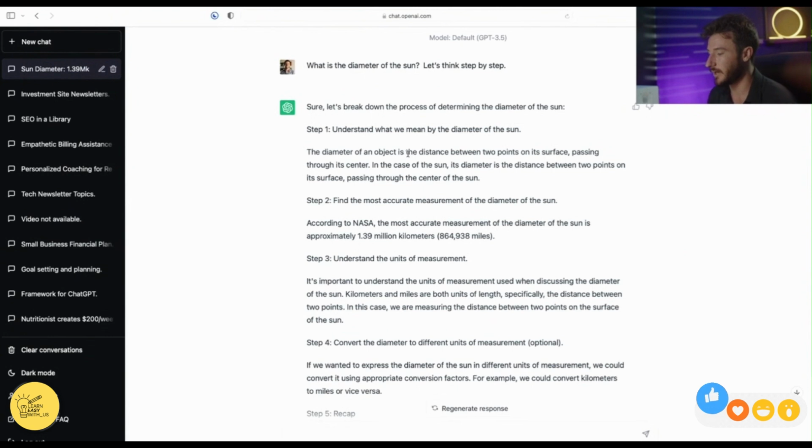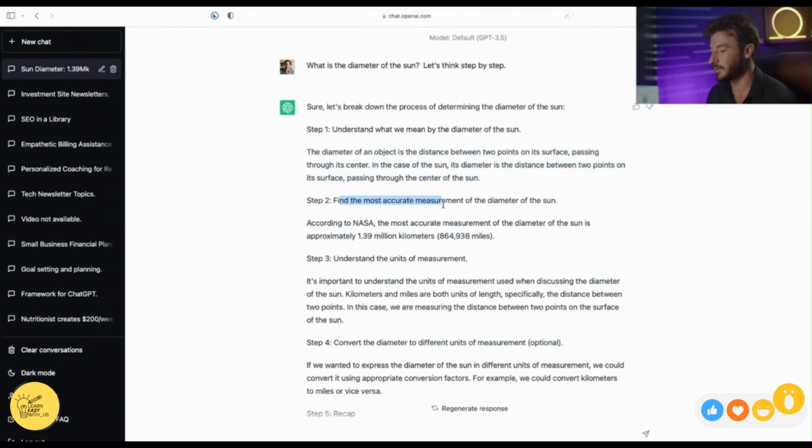The diameter of an object is the distance between 2 points on its surface, passing through its center. In the case of the sun, its diameter is the distance between 2 points on its surface passing through the sun's center. So it's talking about, from the basic level of the explanation, what the diameter is for an object, what the diameter is for the sun, and then the next step.